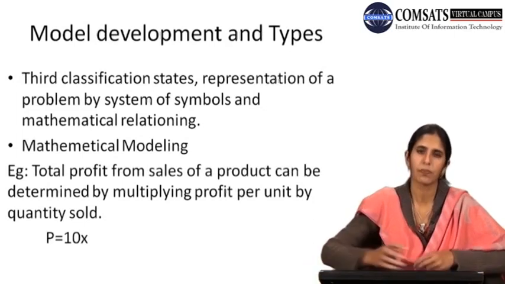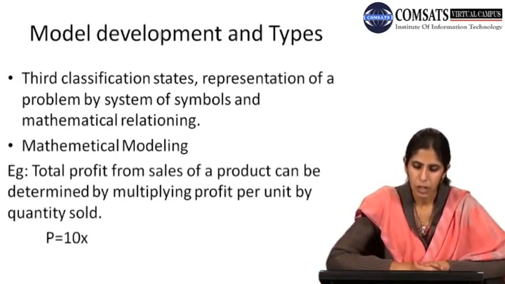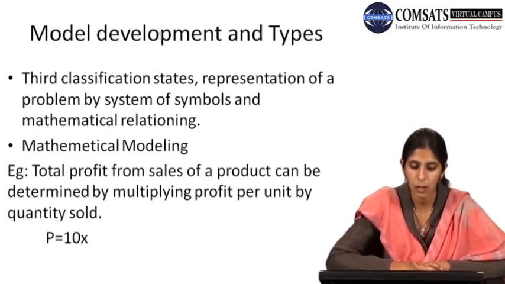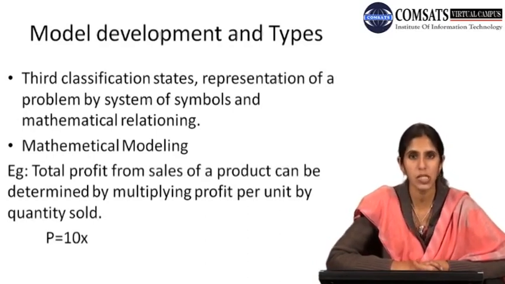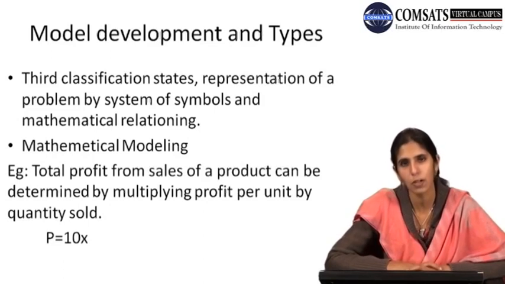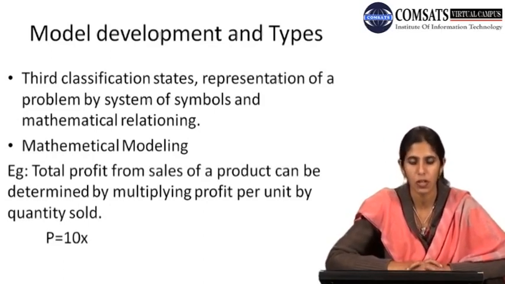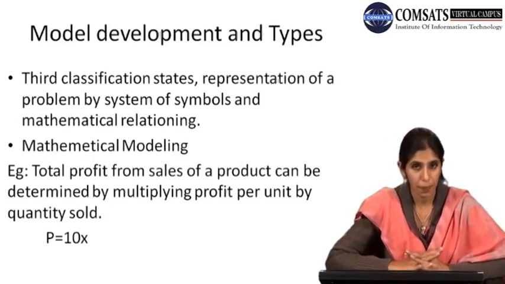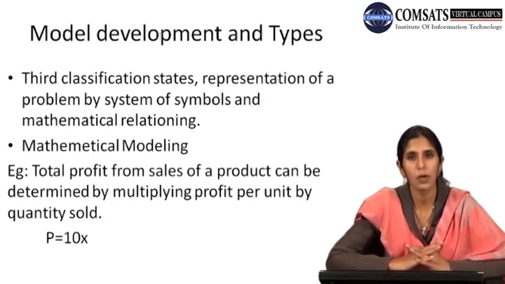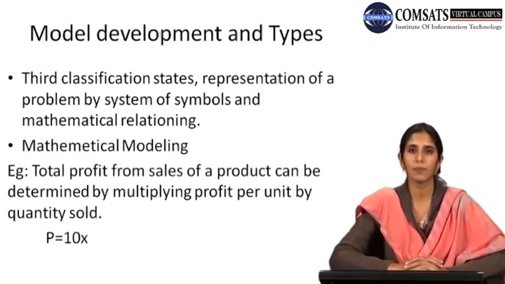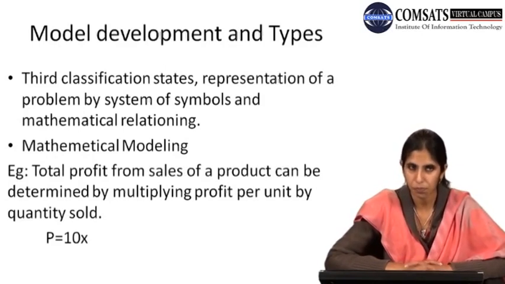Third classification. The third classification states representation of a problem by a system of symbols and mathematical relationships. Comparatively complex, but mostly applied, and actually that is the model which we'll be talking about in future. Mostly applied, meaning that this is the model which we actually use in business terms.